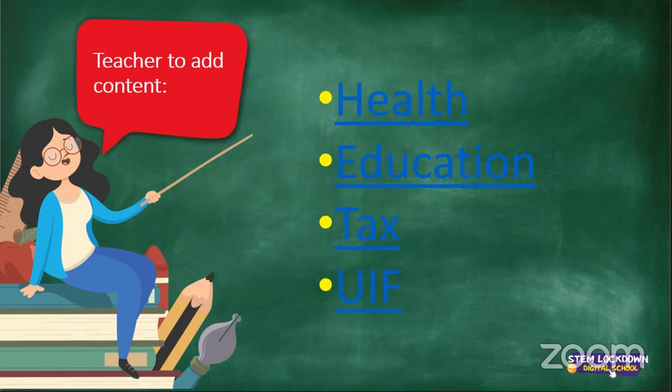Right, so let's take a look. Government e-services. Currently, we're going to look at health, education, our tax, and unemployment insurance. This has literally become one of the big things in our country at this particular stage, and how they can assist us being online. Another thing about this, it is crazy, I know, but these sites are what we call all zero rated, which means you can actually go to them without having any data on your phone.